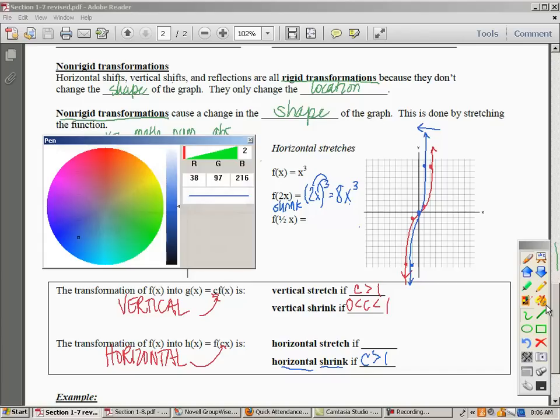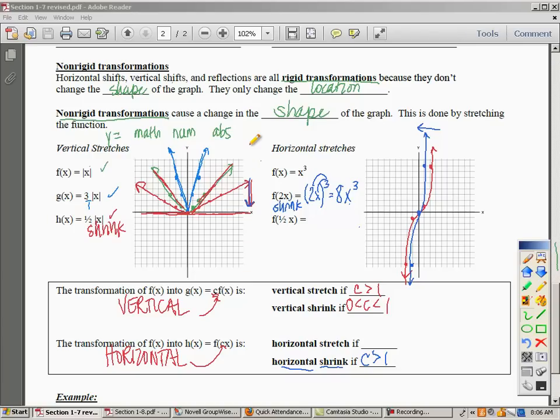Okay, let me change my color. We'll do one more. 1/2 x means I take 1/2 x and I cube it, which is 1/8 x cubed. So I still have 0, 0. And then at 1, I get like 1/8. And at 2, 2 cubed is 8, times 1/8 is 1.